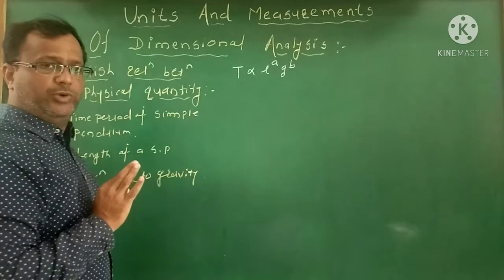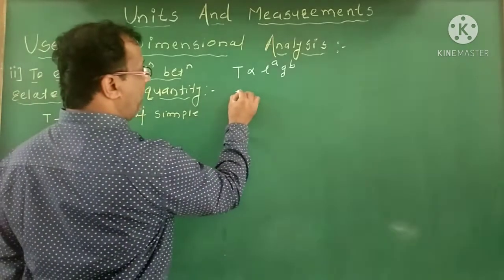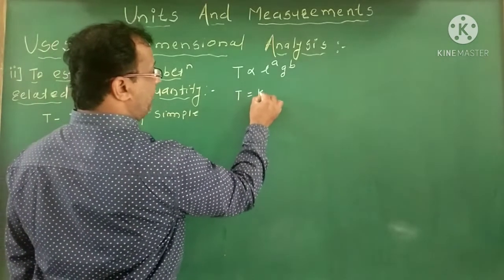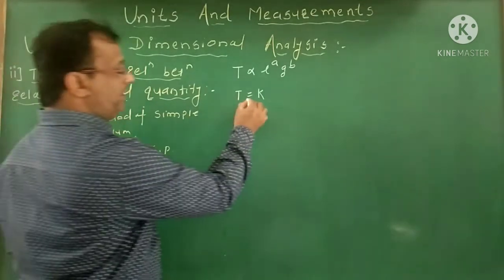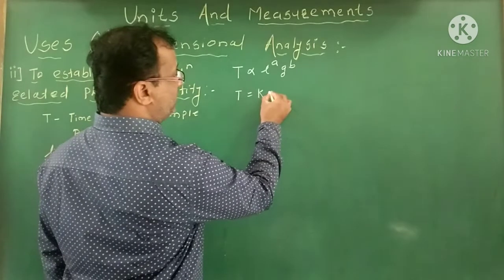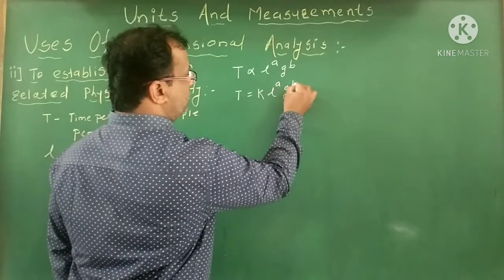For that we take a constant, suppose K. K is simply the proportionality constant. So we get T equal to K into L raised to A into G raised to B.